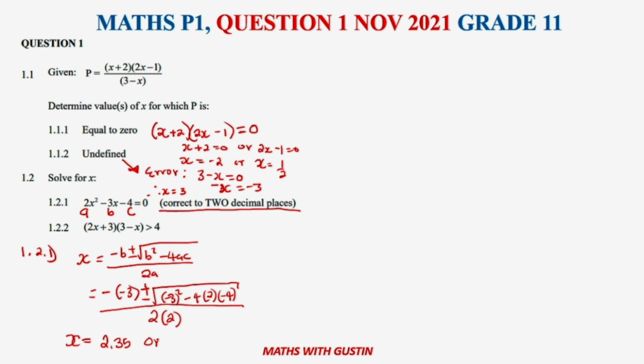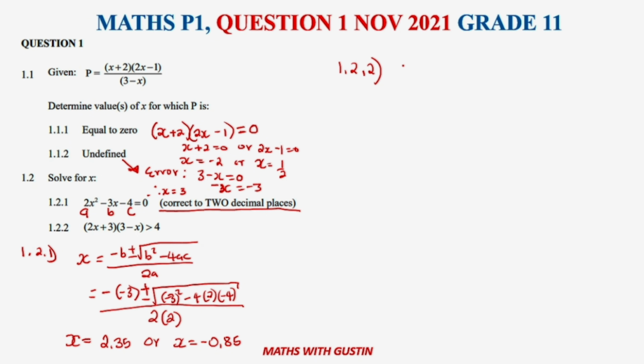Also put it in your calculator, guys, just to compare our answers, and let me know in the comment section if I'm making a mistake here. Therefore x is equal to negative 0.85. Great stuff. I'm trying to move as slow as I can so that it's much easier for us to follow. All right, and that's how you deal with 1.2.1.